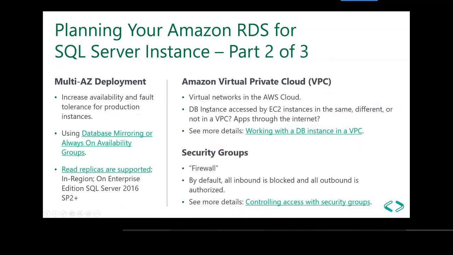The next one is VPC. VPC is just a virtual network that's logically isolated in the AWS cloud. Amazon VPC lets you launch AWS resources, such as Amazon RDS DB instances and Amazon EC2 instances, into a VPC.